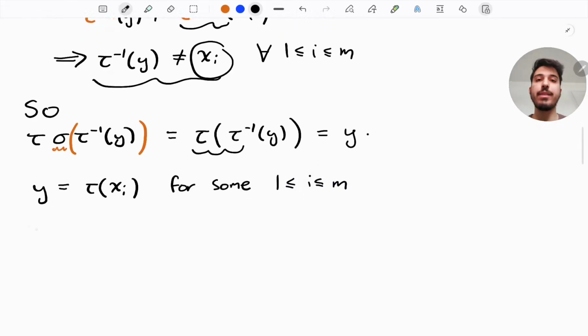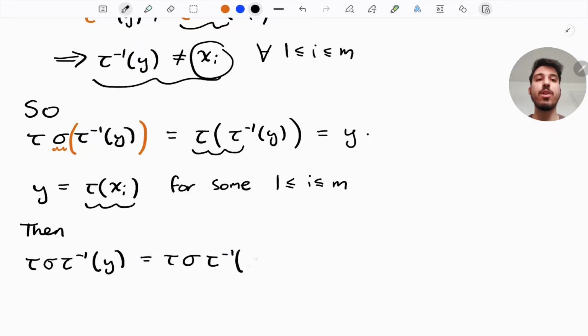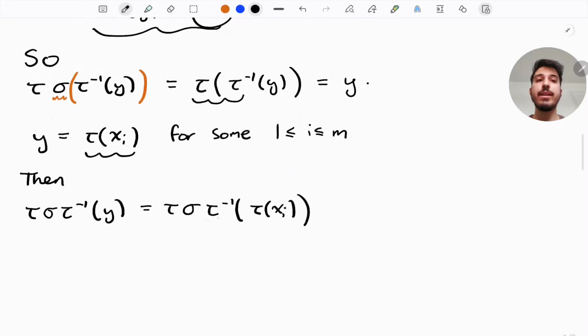If we have that, then we calculate tau sigma tau inverse of y by replacing y by tau of xi to get tau sigma tau inverse of tau xi. And now we can compose these two together to get the identity permutation. So this is all just xi, so this is tau sigma of xi.